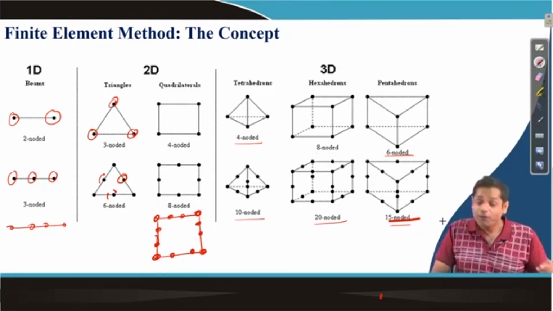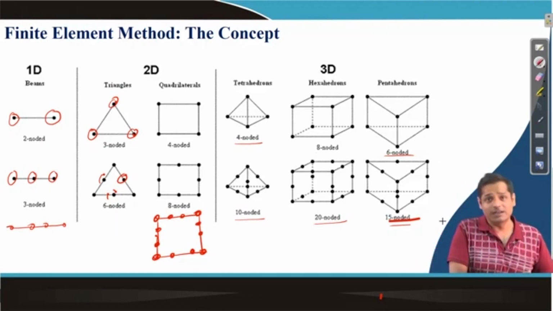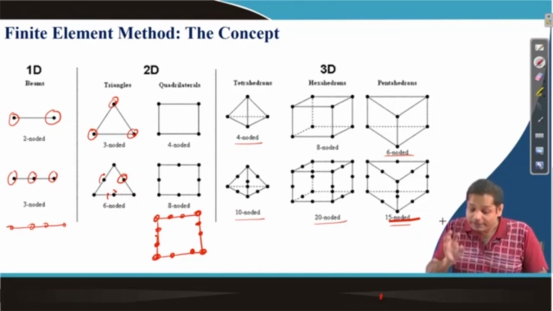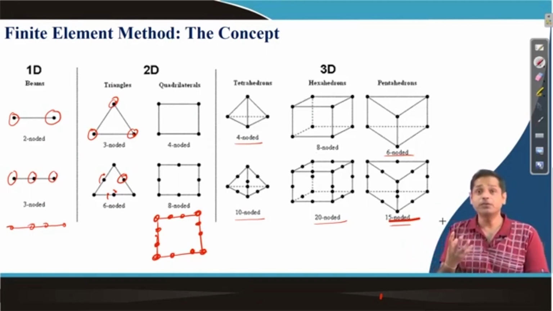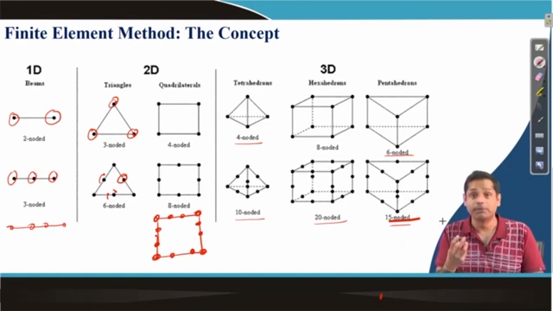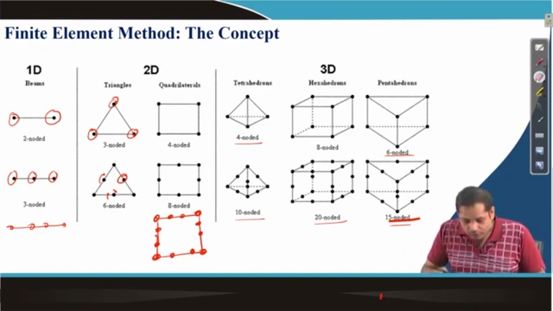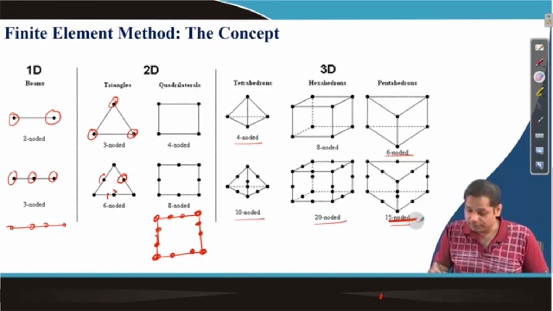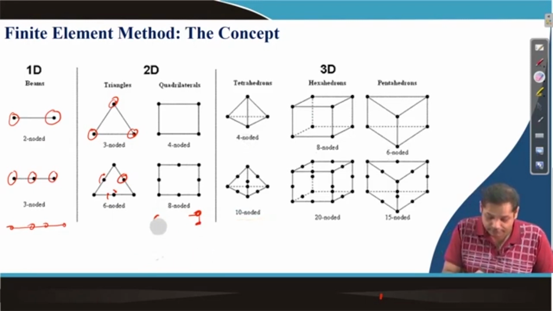But then information at the node in case of an elasticity problem and in case of a heat conduction problem, those are different. Our variables are different. So these elements along with the information at the node give you the complete picture. Those things we'll discuss when we see the application of the finite element method in different areas.